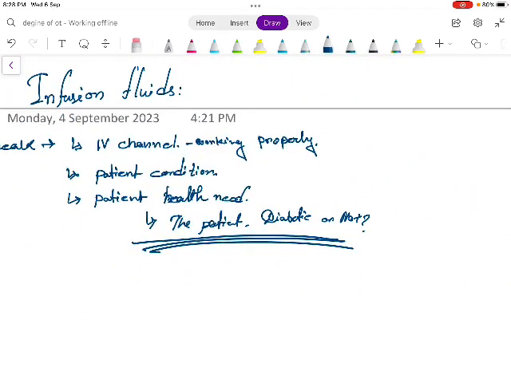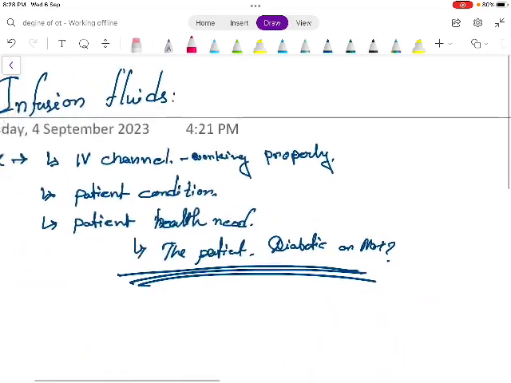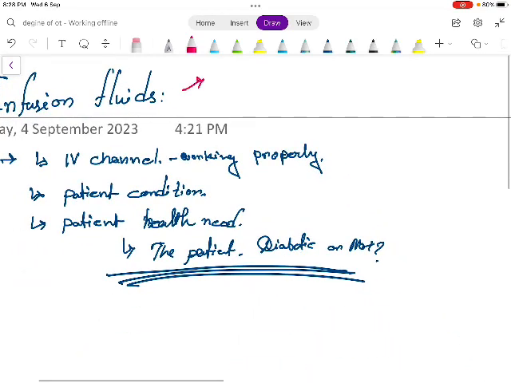Now we would like to take a look at the patient's infusion fluid. There must be two types, the colloid type and the crystalloid type.